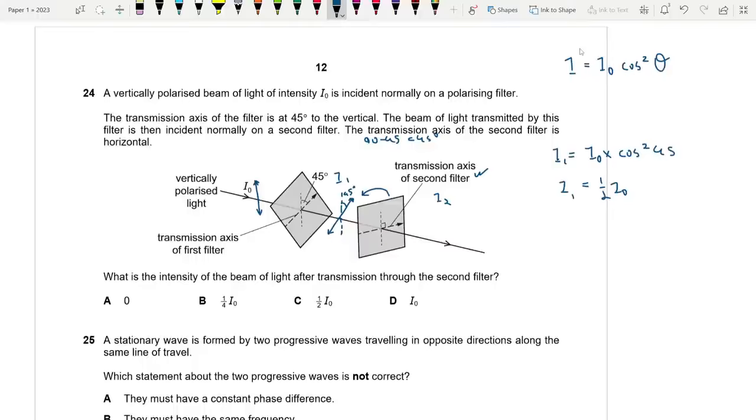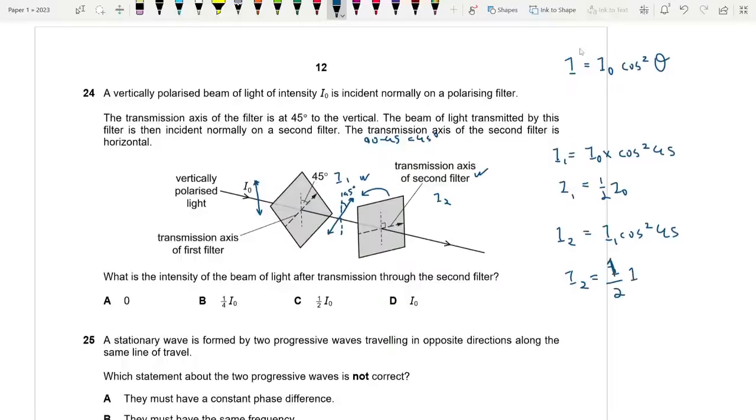It is vibrating at 45 degrees to the vertical, and now it is passing through another filter which is horizontal, and which is 45 degrees away from my current light. So what will I2 be? I2 is equal to I1 cos squared 45 degrees again. So I2 is equal to half I1.